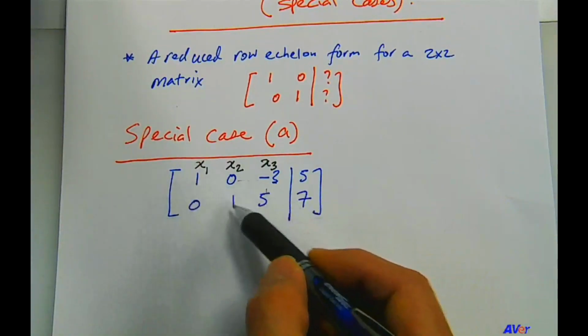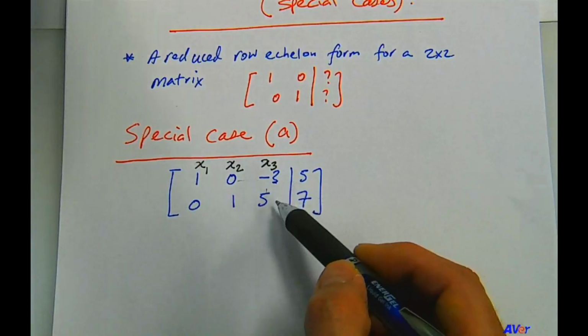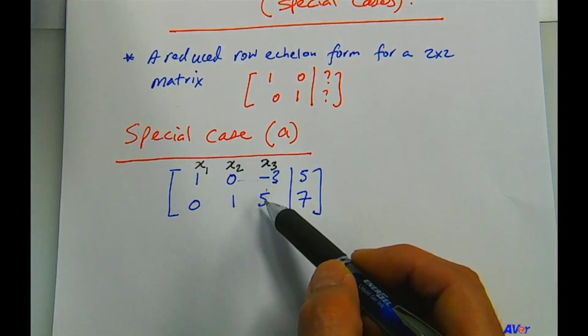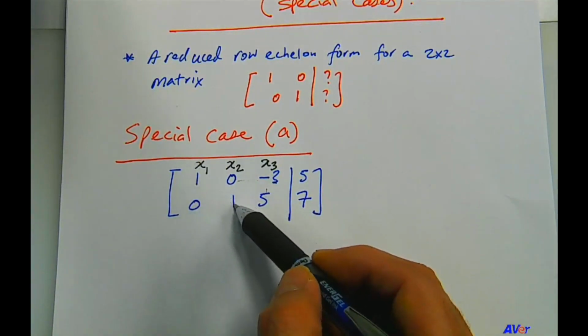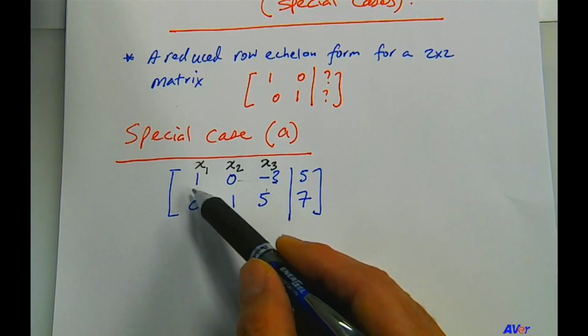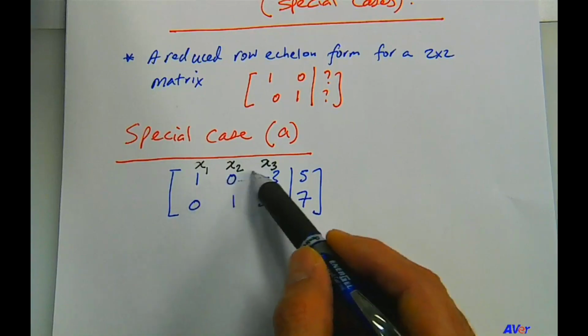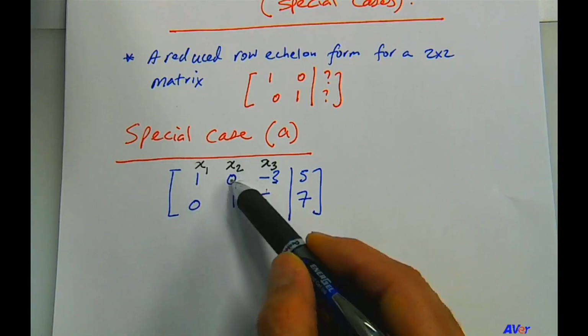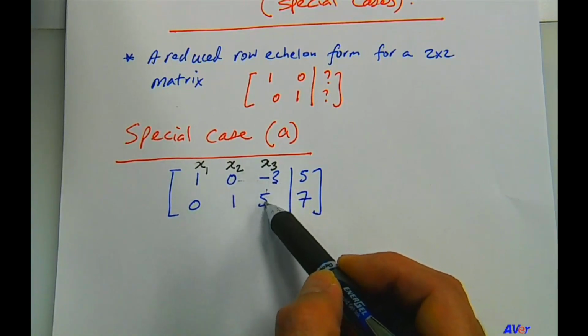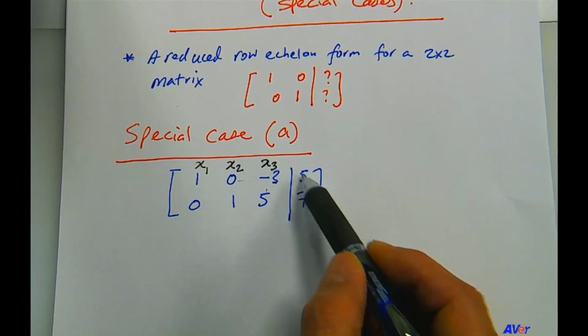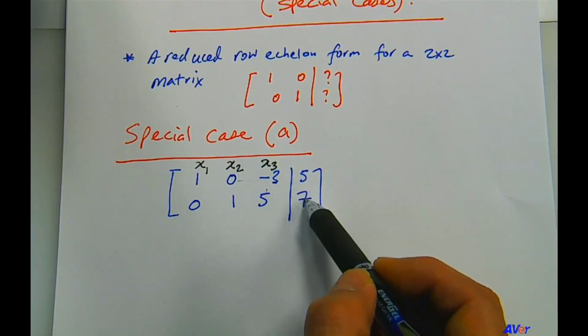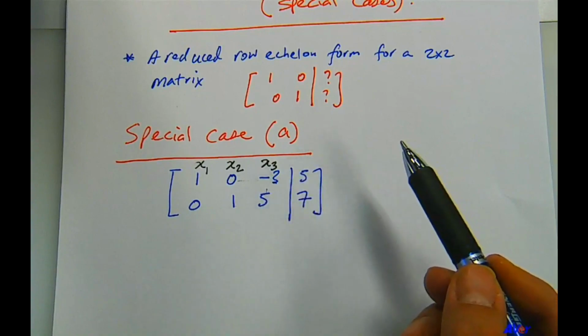So this reduced row echelon form looks kind of odd because you have the diagonal 1s, the only number below this diagonal is 0, but the numbers above it are not necessarily 0. You have a 0 here and then -3, 5, and on the other side are the constants. So this is a special case.